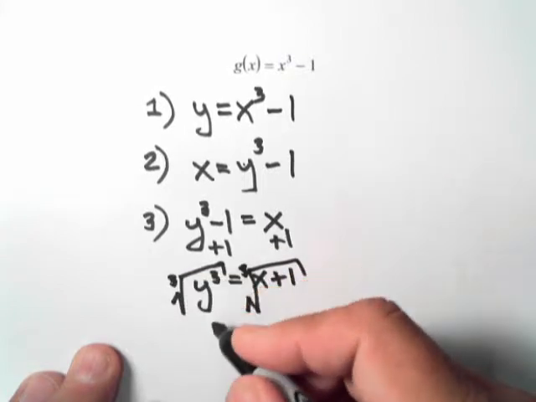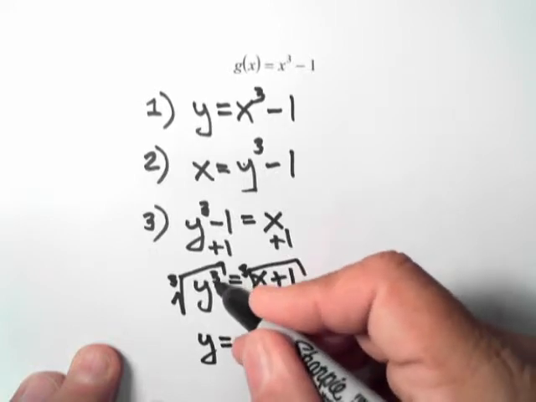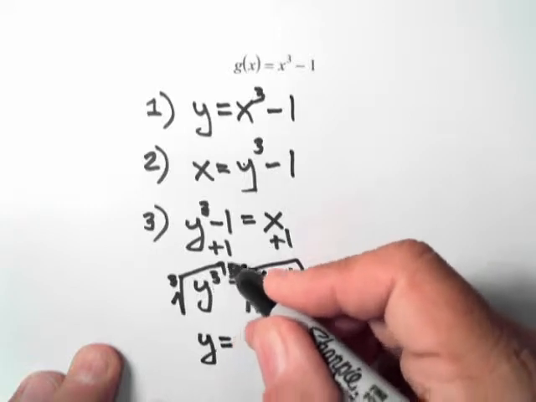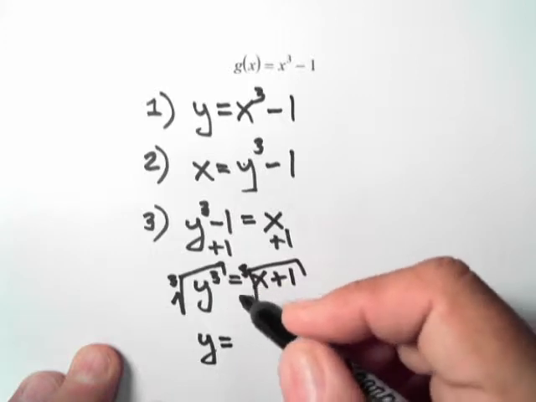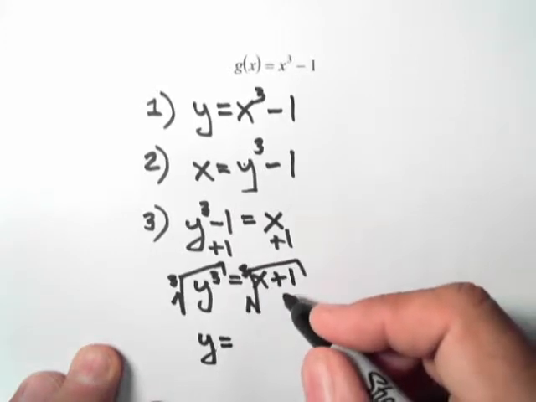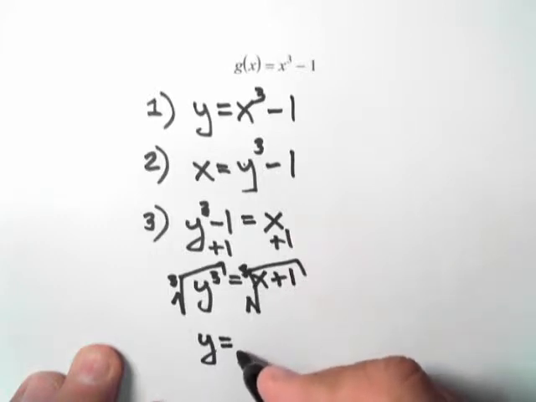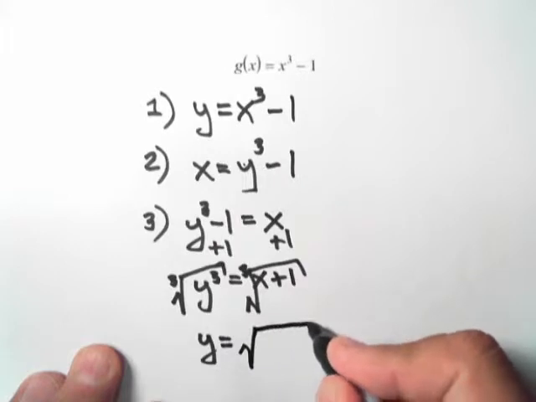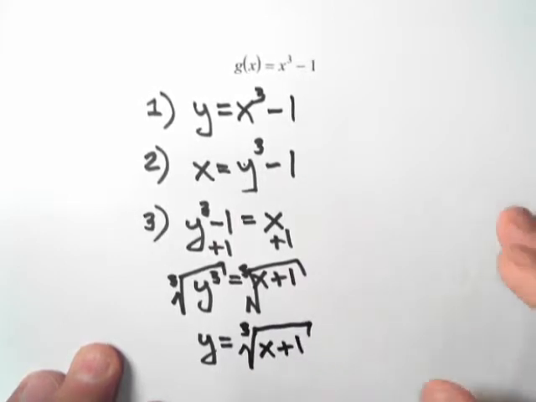The cube root of y cubed is just y. Since it's cubed, it's an odd power. We don't have to worry about the answers being plus or minus here. The signs are either positive or negative depending on what the y is, so we're good. And well, we're looking at the answer over here. The third root of x plus 1.